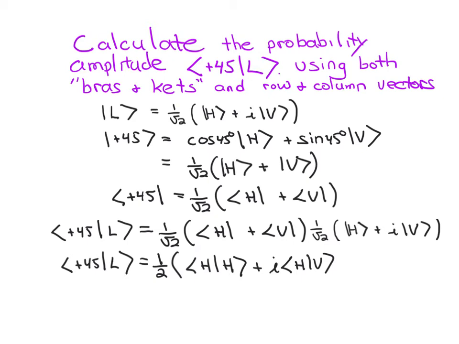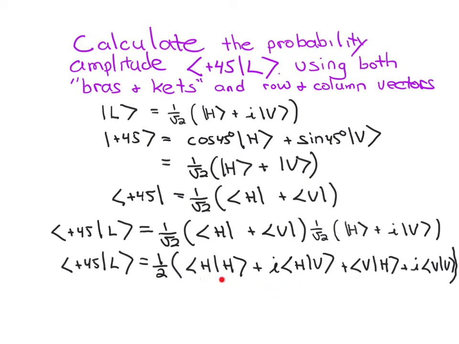There's a product of V with H. That's this times this. And then finally, a product of plus i, V inner product with V, close parentheses. And now the H and V's form an orthonormal set.